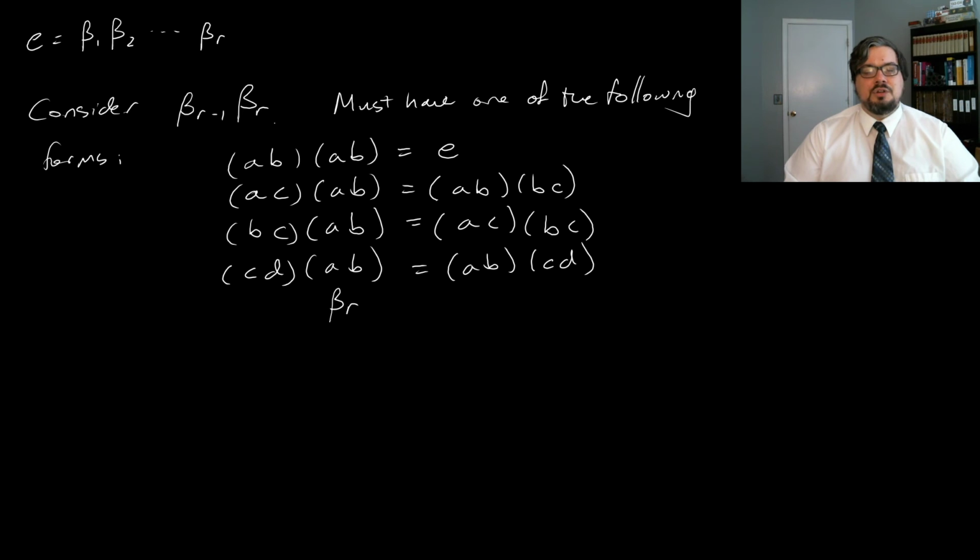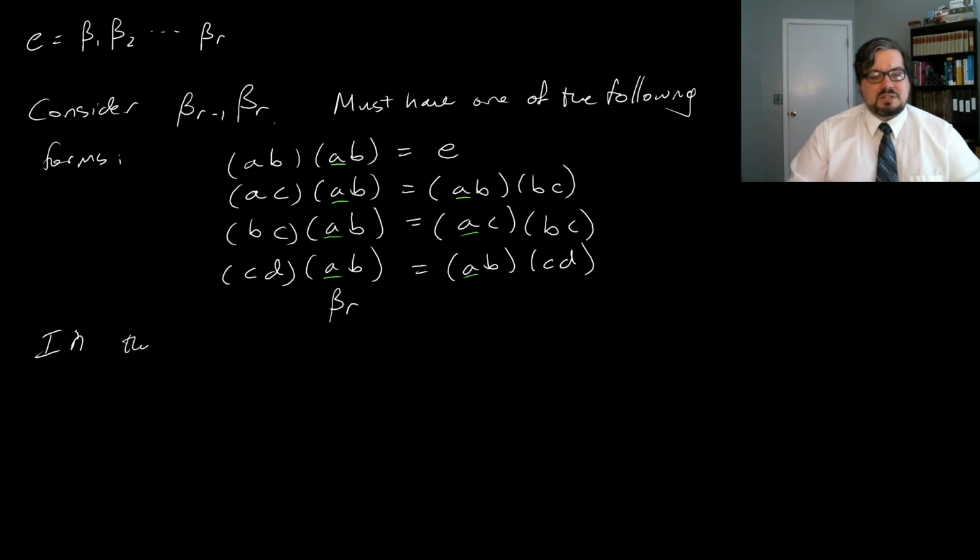In particular, notice that this element A, which appeared in the right-hand term, has moved back. It appeared in the rightmost term beta r. It's now moved back to be in the r minus first term. So now, let's consider the following.